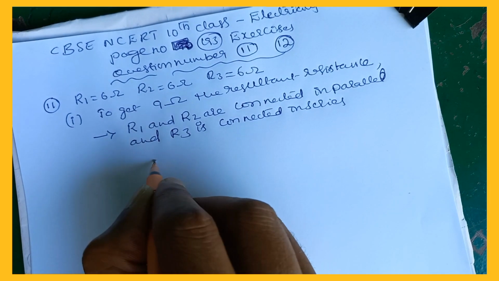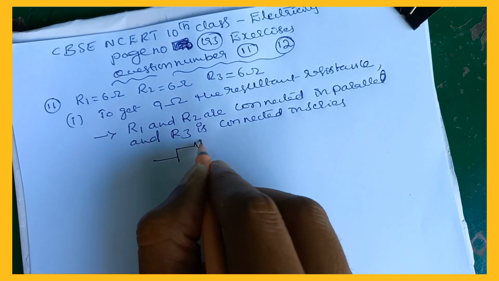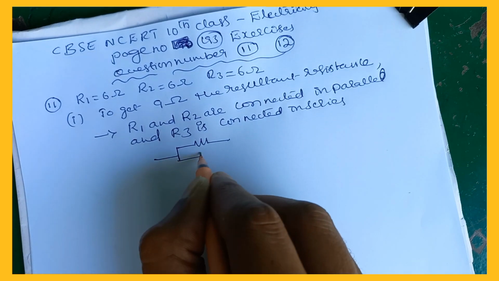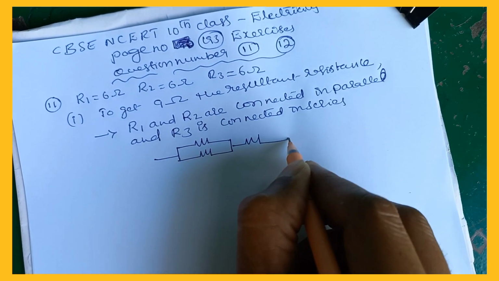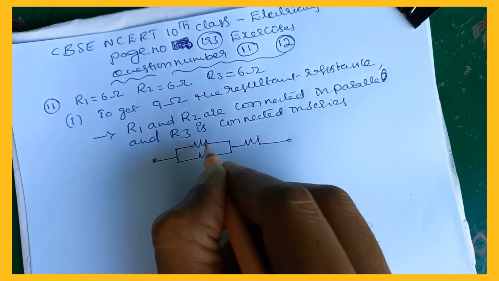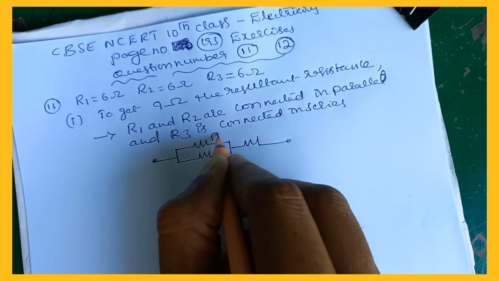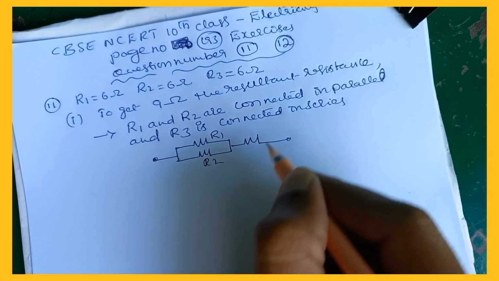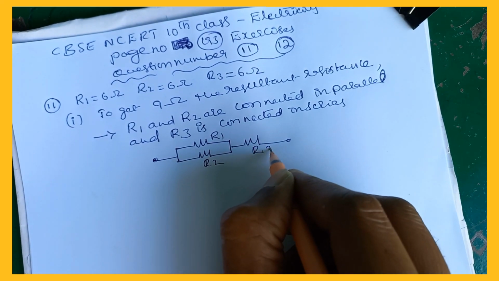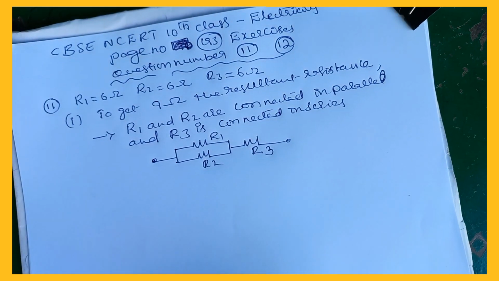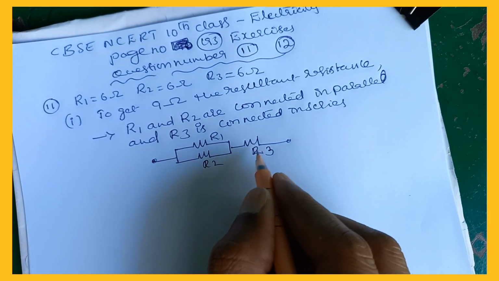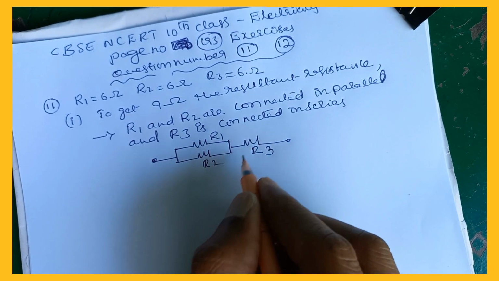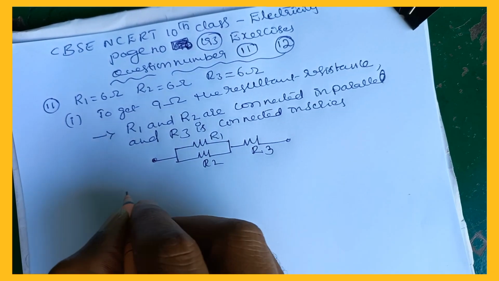So this is R1 and this is R2 and this is R3. So like that they are connected. These two are in parallel, and this is in series.